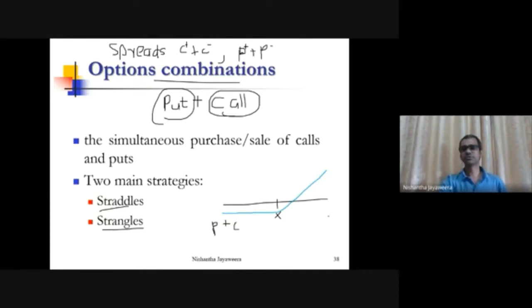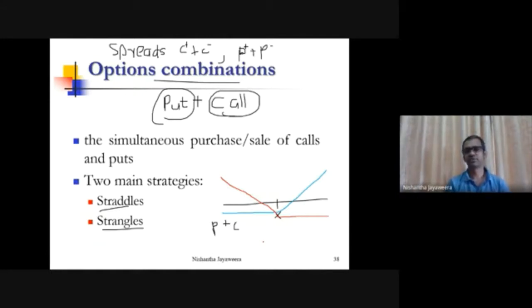You lose the premium if the price is above the strike, and if the price is below the strike, you make a profit. These are the two payoff diagrams, or the profit diagrams, for a long put and a long call.